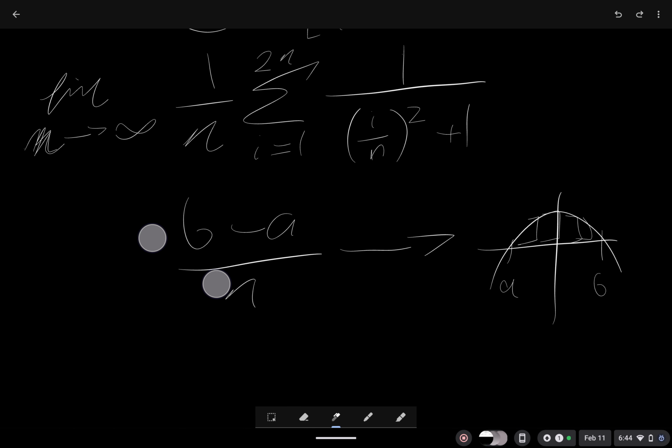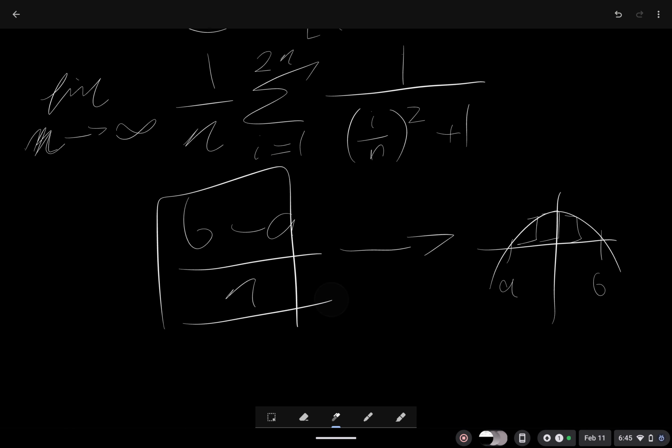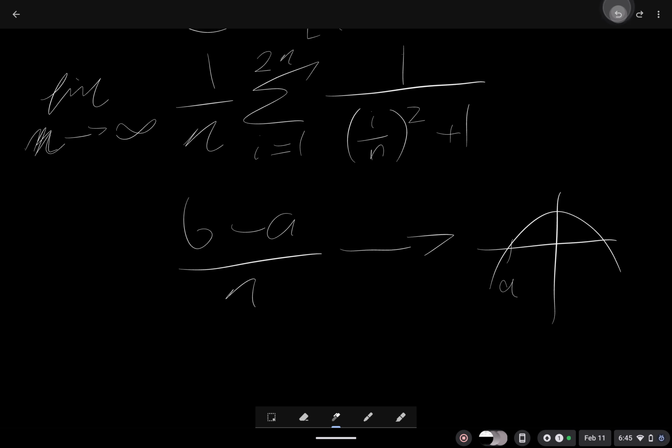So determining what this expression is will help us determine the bounds of our integral. We see that we have something similar to that, and we also have a factor, except our numerator isn't a difference of two constants. So let's rewrite it such that it is, and that will help us determine the bounds of our integral.